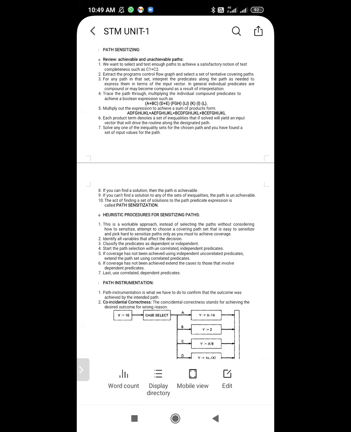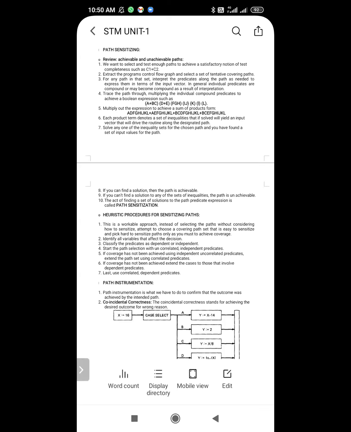Here in this, we are having a review about achievable and unachievable paths. We want to select and test enough paths to achieve a satisfactory notion of test completeness, such as C1 plus C2. Here in this program's control flow graph, we select a set of covering paths.